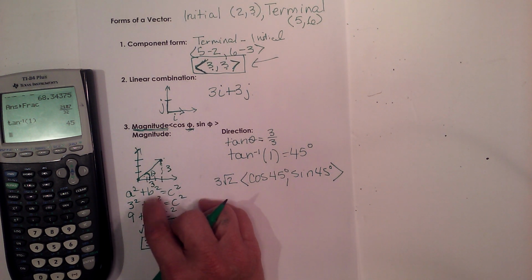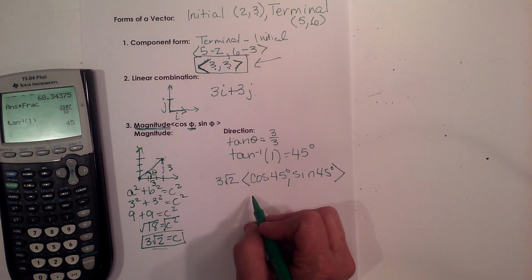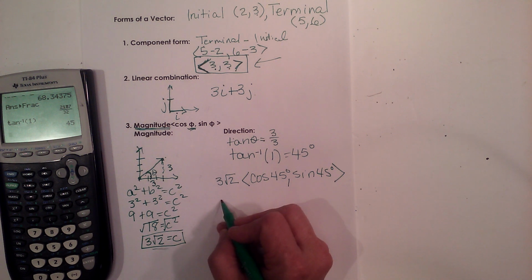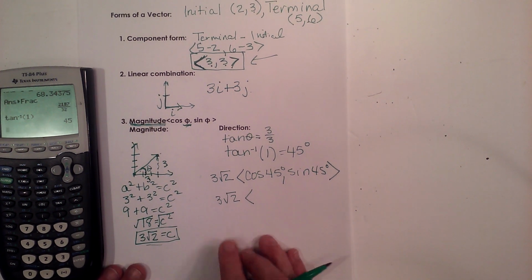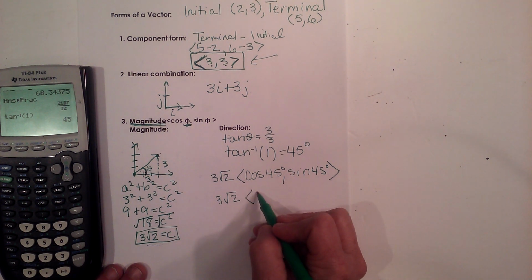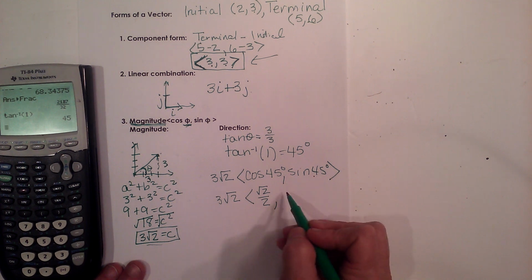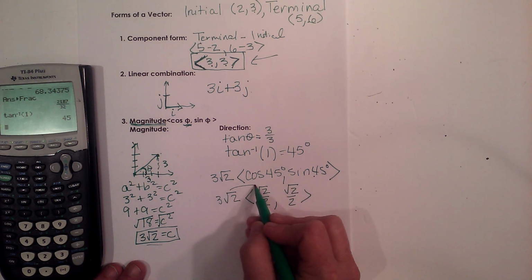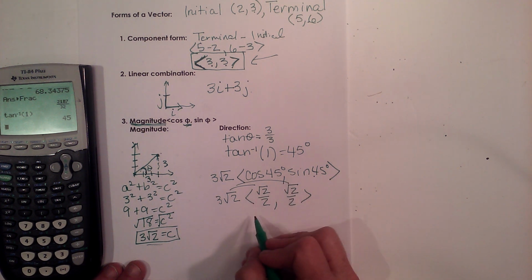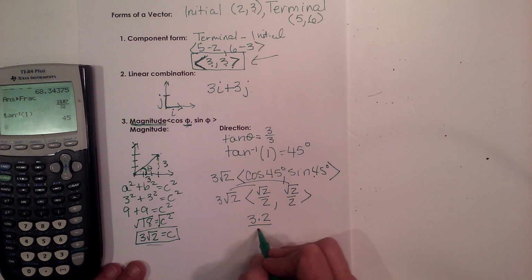So once you evaluate it, it's going to end up being 3 root 2 times, well, the cosine of 45 is the square root of 2 over 2. The sine of 45 is the square root of 2 over 2. And when you clean this up a little bit, this ends up being 3 times, well, root 2 times root 2 is 2 all over 2.